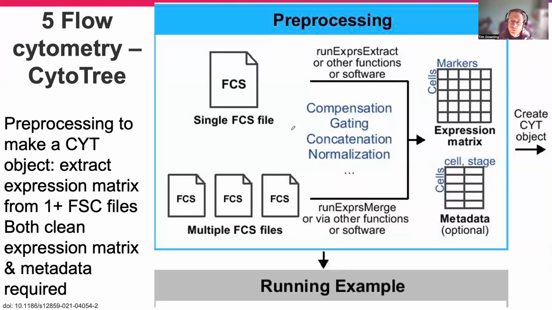So for the first step, what we're doing here is just taking the different flow cytometry files and performing standard steps to assess them together as an object, which is just a type of representation of the flow cytometry data that makes it amenable to different functions and packages to evaluate it further.